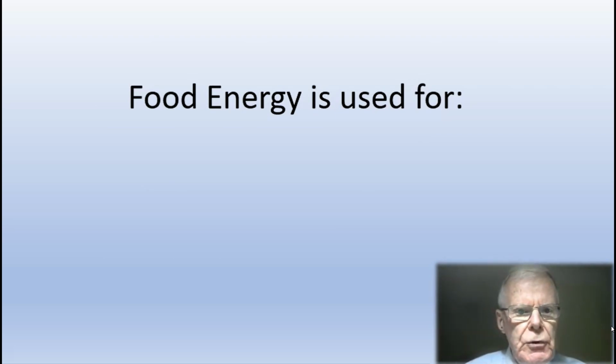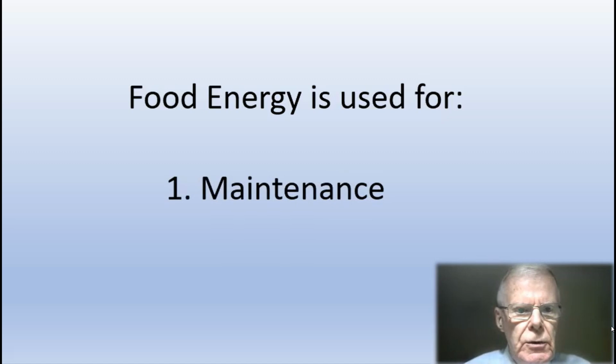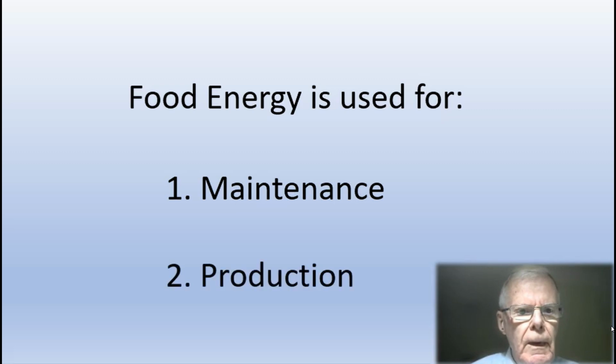Food energy is used for two broad types of function. The first of these is called maintenance, which is the energy required simply to keep an animal alive without it doing any other activity. Maintenance energy is used in such functions as breathing, pumping of the heart, and cell metabolism.